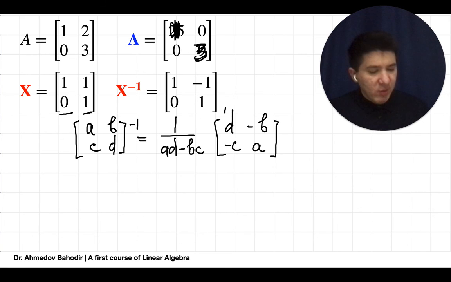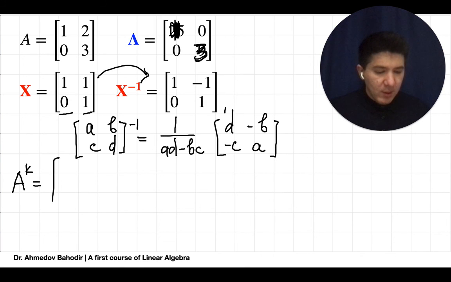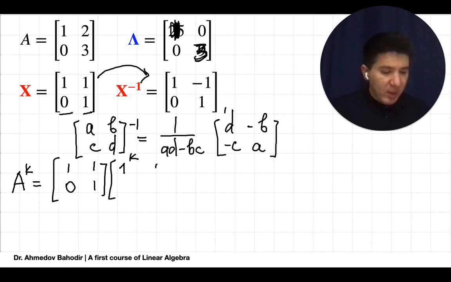So just using this formula, you can find the inverse of this matrix. What we need to find now is the k-th power of this matrix A. So A to the power of k is going to be equal to 1, 0, 1, 1, times the k-th power of the lambdas: 1 to the power of k, 0, 0, 3 to the power of k, times this matrix 1, 0, -1, 1.